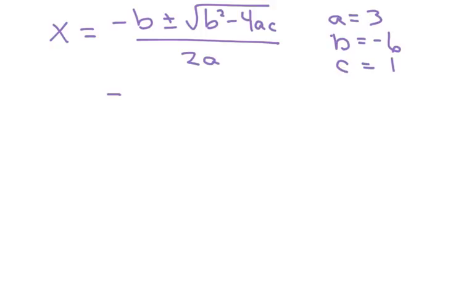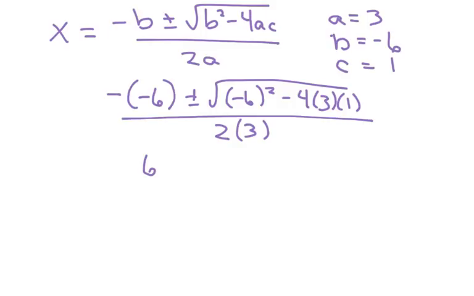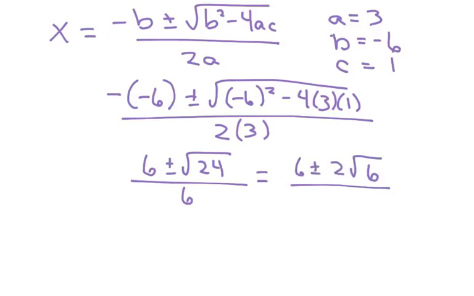So we get minus negative 6 plus or minus square root of negative 6 squared minus 4 times 3 times 1 over 2 times 3, which gives you 6 plus or minus square root of 24 over 6, which equals 6 plus or minus 2 root 6 over 6, which equals 3 plus or minus root 6 over 3.